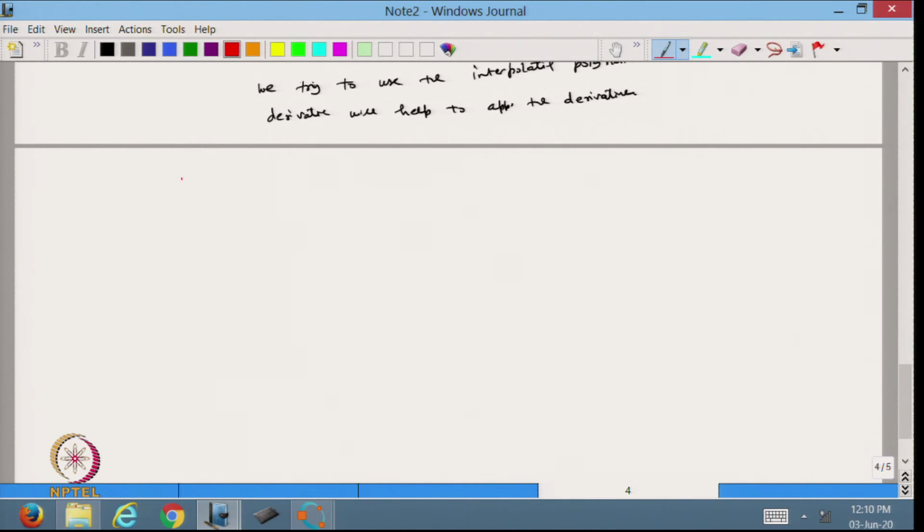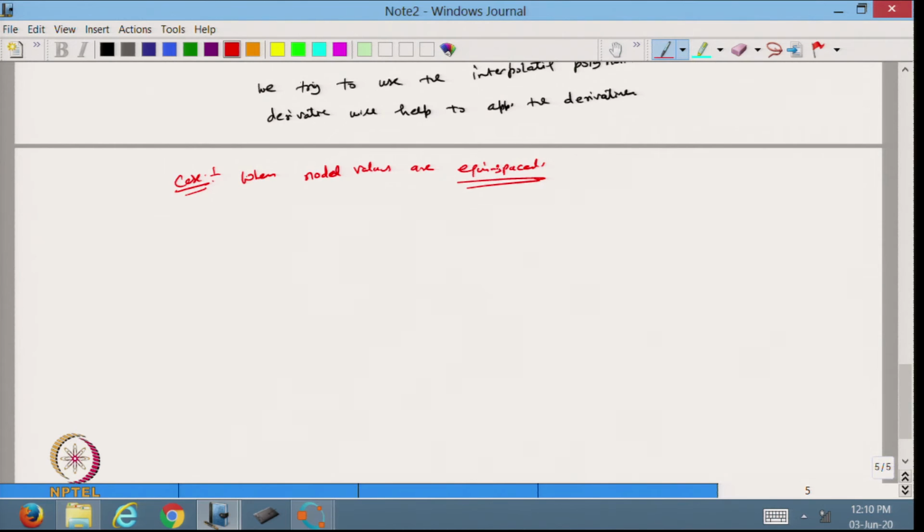So, let us take case 1, when the nodal values are equispaced.